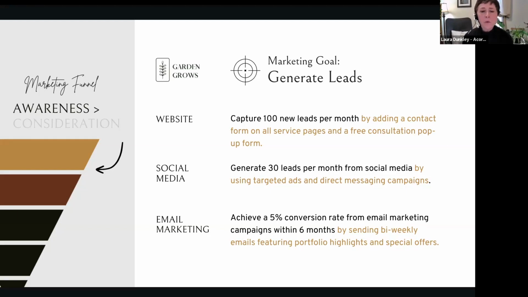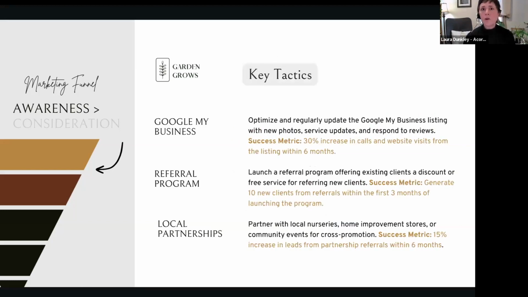Email marketing, we want to achieve a 5% conversion rate from email marketing. So it's moving people through the awareness stage, right? They're coming, they're subscribing, but now we want to start converting. Now they're not purchasing. There's other things that we're going to do as far as engagement in the consideration stage, but basically that's what we want to do for email. So those are 2 key goals.